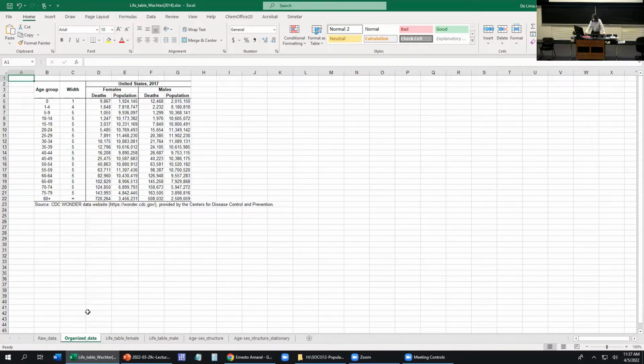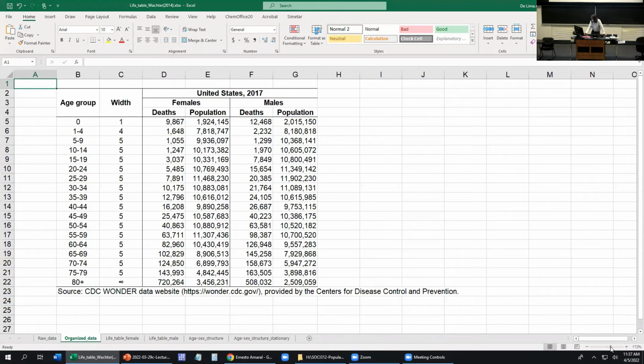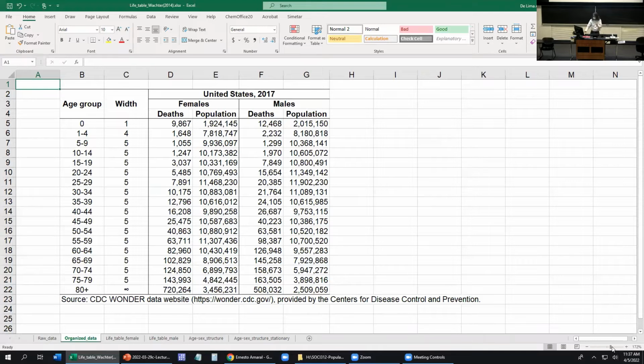So now I have this information for mortality in the US in 2017, right there. And we have the information for females, males, number of deaths and population. And here is just getting information from the raw data spreadsheet.